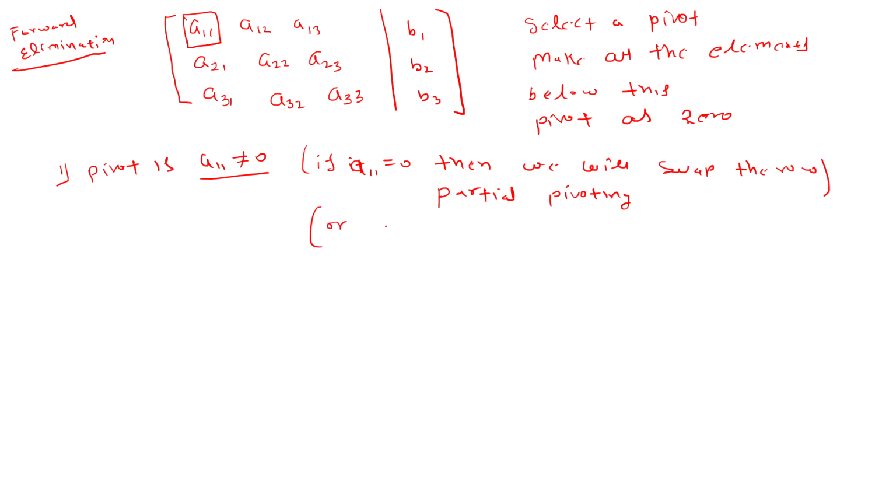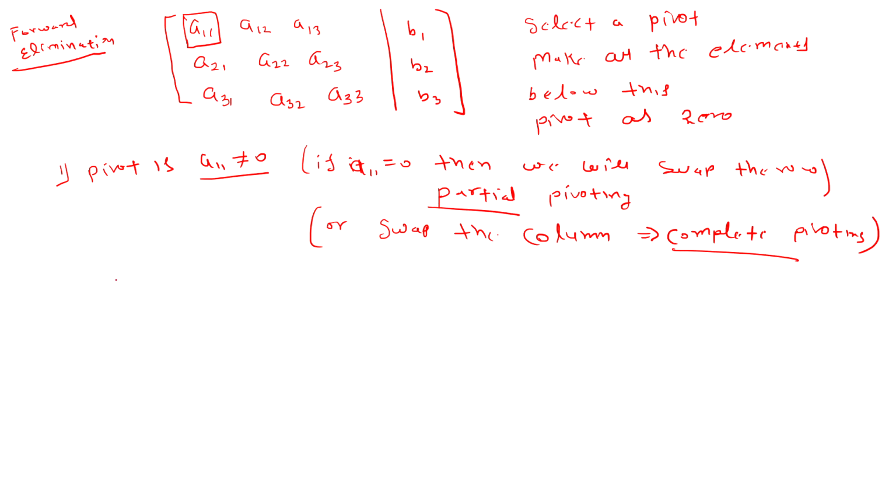Or swap the columns, and this is called complete pivoting. We'll understand these things with an example in the next video, where we will see partial pivoting and complete pivoting. Here we are considering that the pivot A11 is not equal to 0.